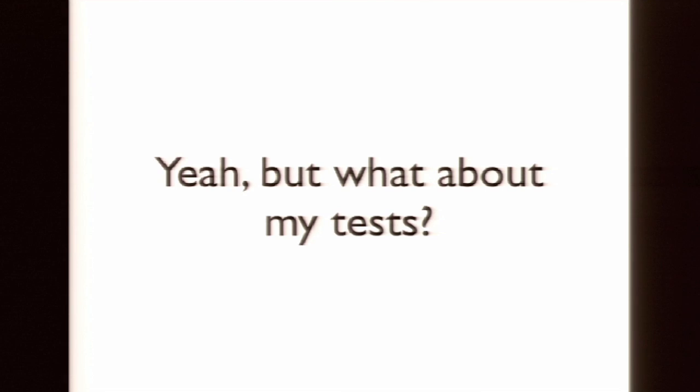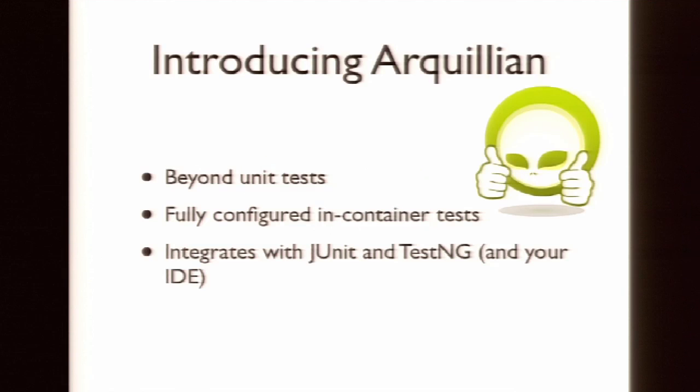And this is one thing which Spring test, for example, was pretty good at. That's not a problem. We have the means for actually testing applications that run in a container. So here I'd like to introduce Arquillian, for the ones of you who haven't encountered it.